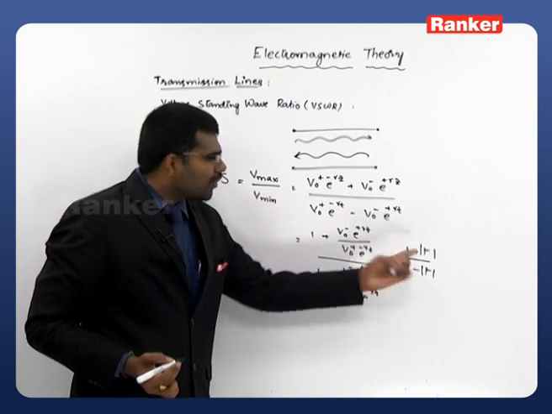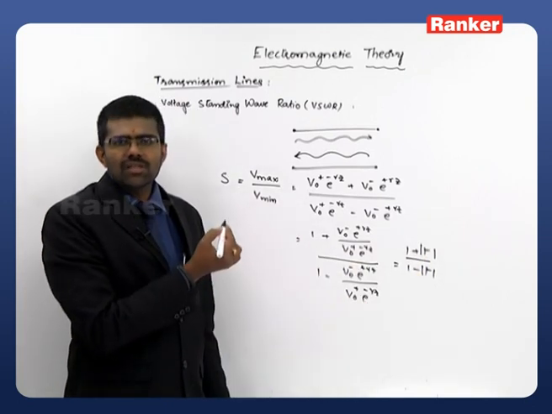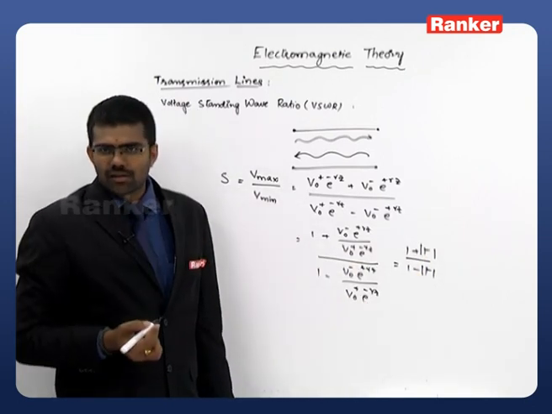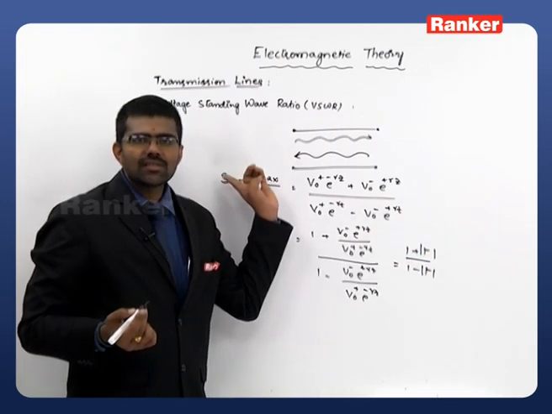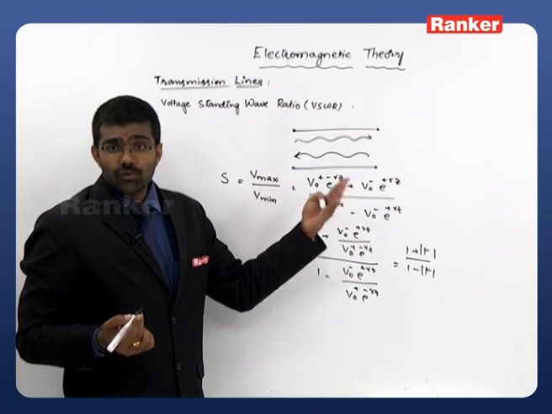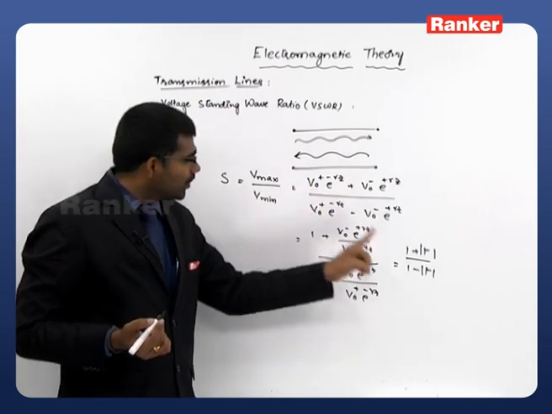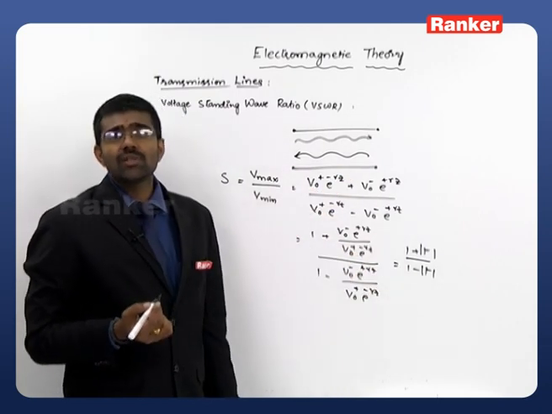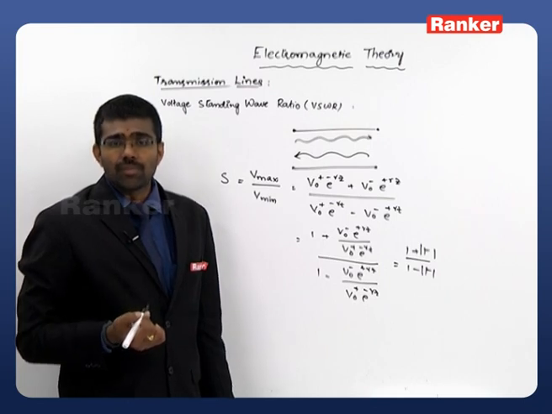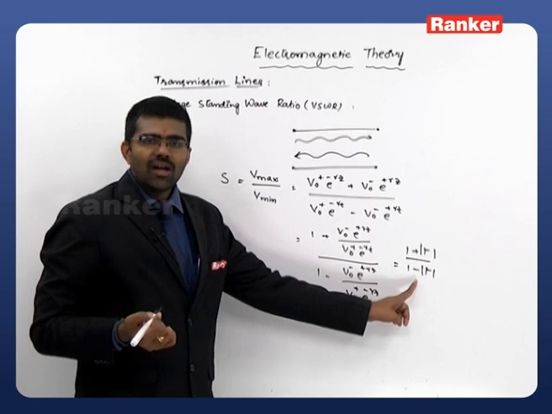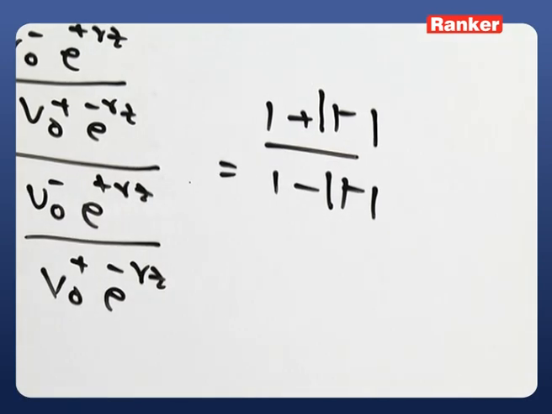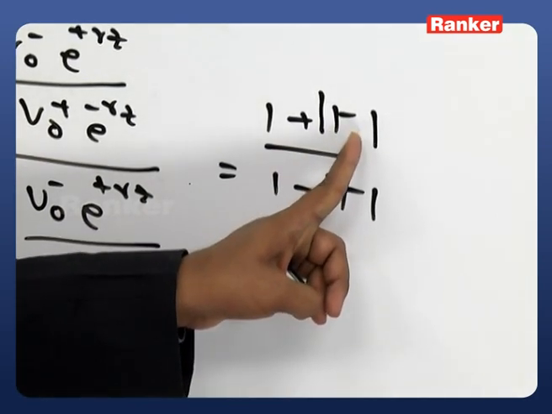Right? This is the relation between standing wave ratio and gamma. And if you substitute gamma here, you will get S in terms of ZL and Z0 also. No problem. Directly substitute gamma here, and you can get the equation for S in terms of ZL and Z0, or else if you want only the relation between S and gamma, you can use this one. This is also one of the important parameters that you are supposed to remember. So with this, the voltage standing wave ratio is defined, and there is no concept of current standing wave ratio, because here we are considering only magnitude.